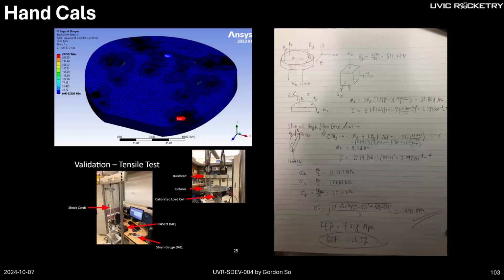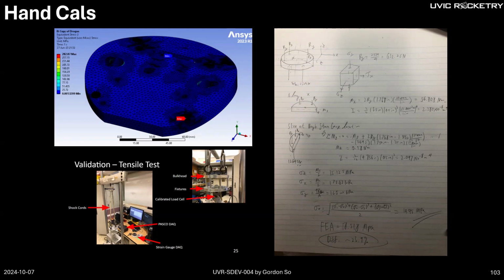With hand calculations, usually you need to make some kind of assumptions, because if you can hand calculate as accurately as the FEA, there's no point of the FEA, if you can do something that is 1D on paper. So here I assume the bulkhead is just your typical plate. I ignore all the stress concentrations and just look at one single point.